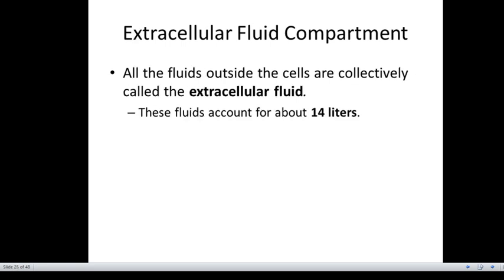Extracellular fluid compartment. All the fluids outside the cells are collectively called the extracellular fluid. These fluids account for about 14 liters.